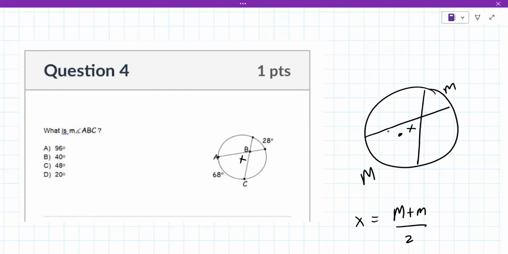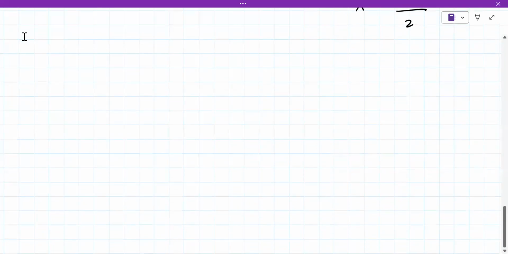All right. 60, 70, 80. Okay, and then 96. Divide that by 2. 48. It is 48. Very good.